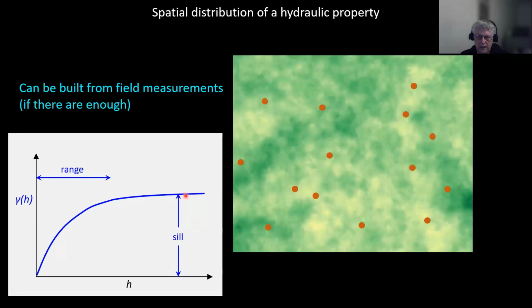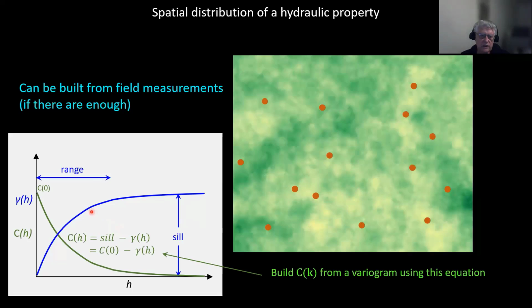So what we've done now is that we've characterized the statistical independence throughout this model domain of the hydraulic properties. We don't need 5,000 numbers anymore. We just need two, the range and the sill. And once we've got the range and the sill, it's an easy matter to calculate the elements of our covariance matrix from this variogram.